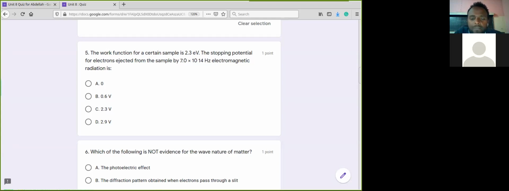And the energy of the photon is given by Planck's constant times the frequency, yes? hf is 7.0 times 10 to the power of 14 times the Planck's constant.